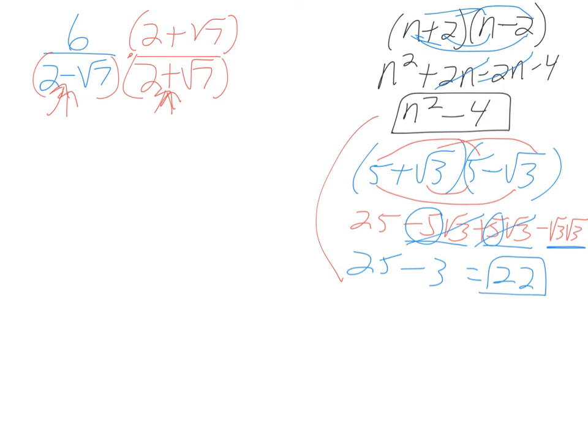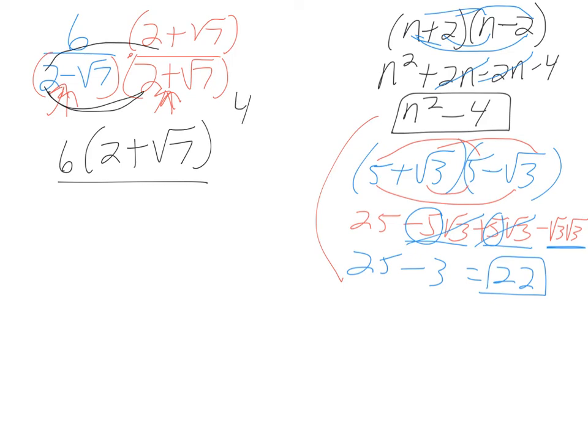Alright, so on the top then I would have 6 times 2 plus square root of 7. And on the bottom, if I would double distribute that, I'd have 2 times 2, which is 4, then 2 times square root of 7, which is 2 square root of 7.